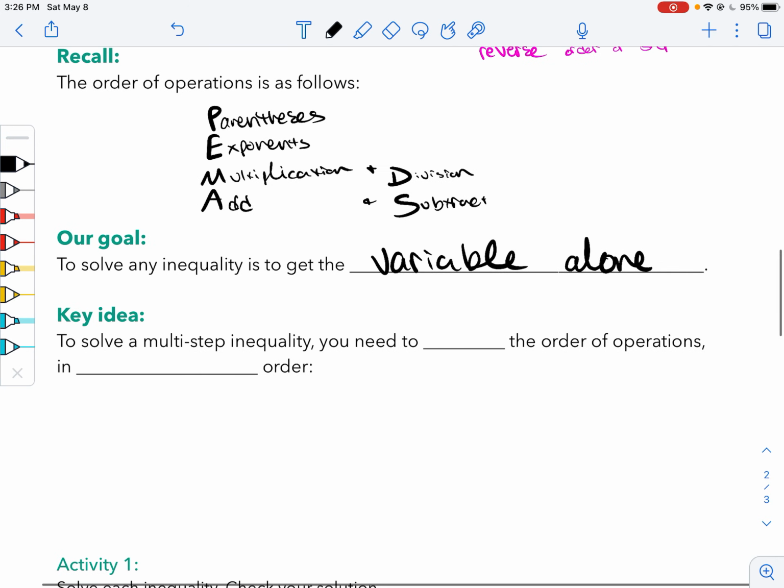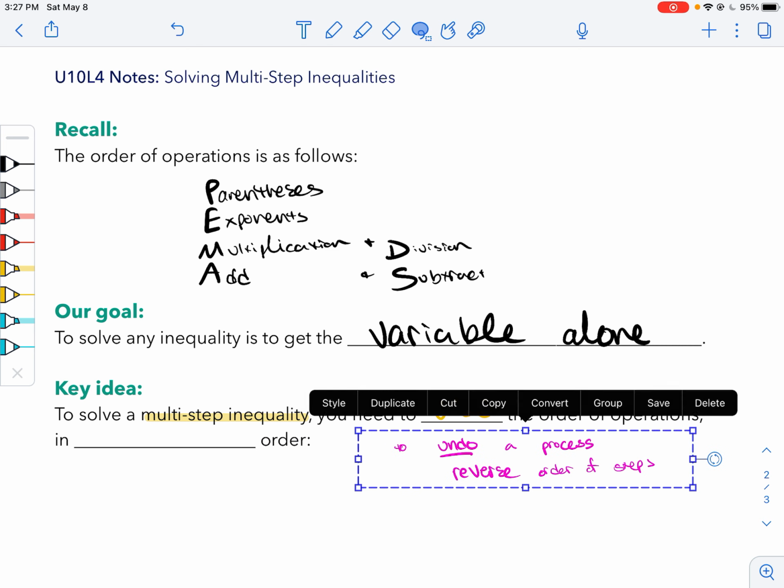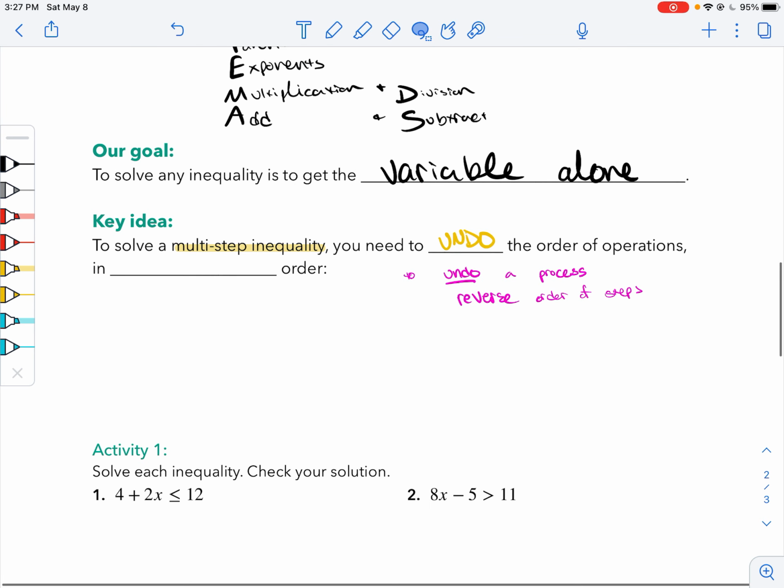So to solve a multi-step inequality, which is our whole goal here today, we're going to undo what's happening to that variable, but we're going to reverse the order of PEMDAS.